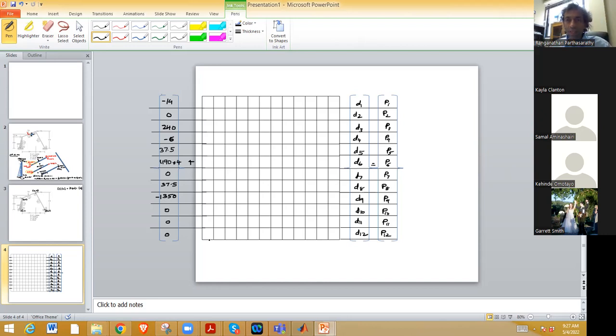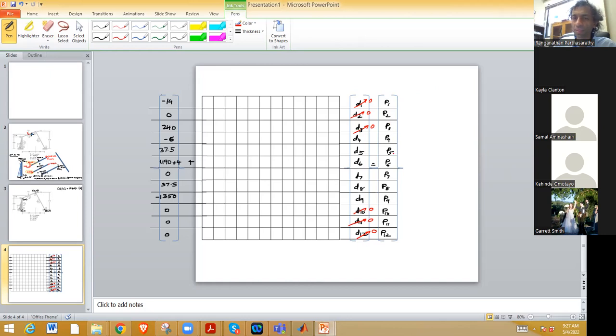Now among D1, D2, D3 and all of that, what do we know? Joint 1 and joint 4 both are fixed supports. So D1, D2, D3 go to 0, and D10, D11, D12 go to 0. P1, P2, P3 we don't know.